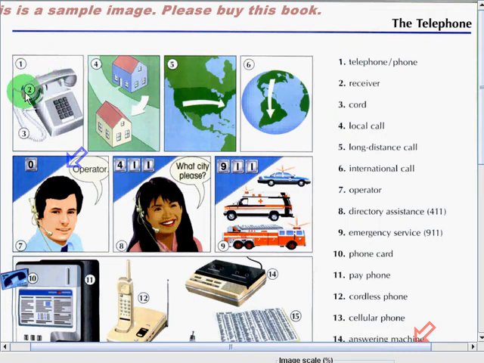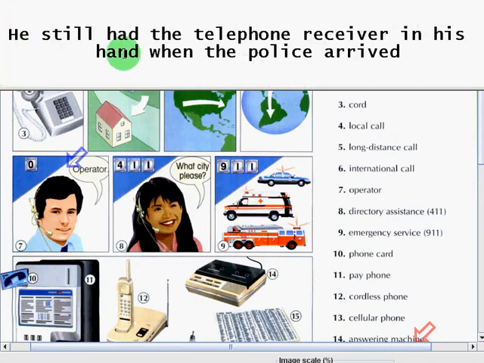So, let's try to make a sentence using the word receiver. He still had the telephone receiver in his hand when the police arrived. Very good. One more time. He still had the telephone receiver in his hand when the police arrived.